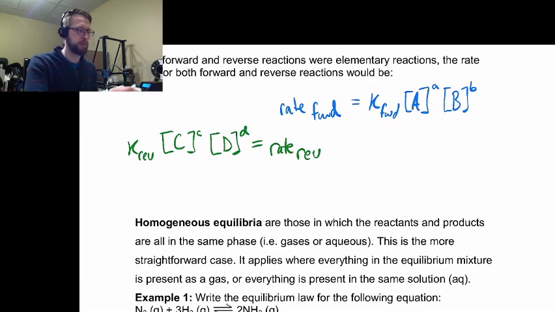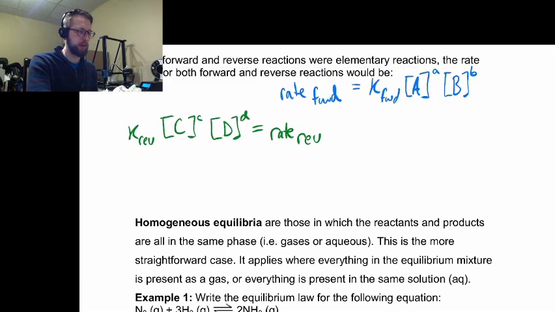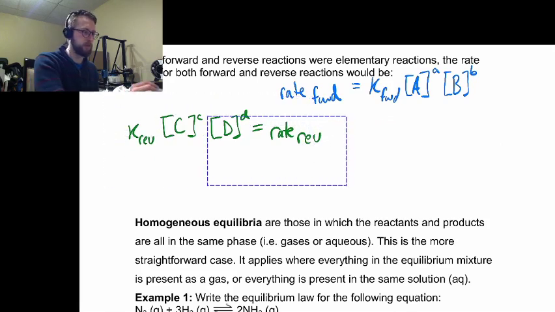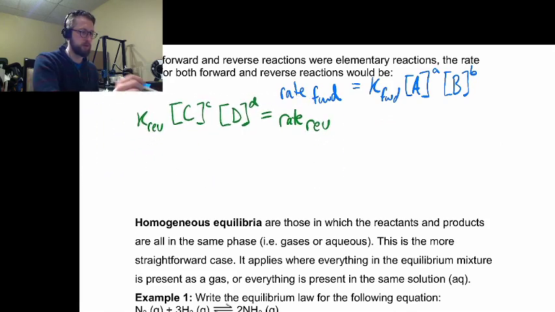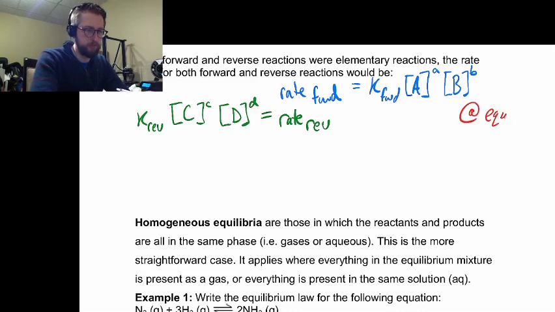At equilibrium, we suggested that the rate of the forward and the rate of the reverse are equal. So at equilibrium, rate forward equals rate reverse.